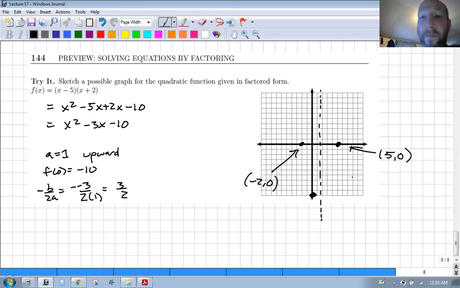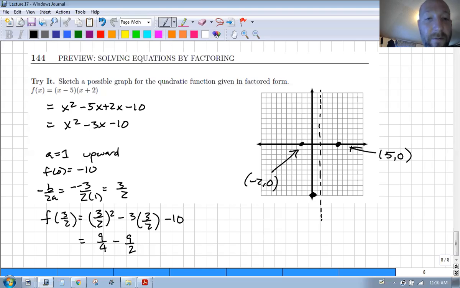All right. So if we do f of 3/2, we have 3/2 squared minus 3 times 3/2 minus 10, so 9/4 minus 9/2 minus 10, so 9/4 minus 18/4 minus 40/4. Let's use the calculator here. 9 minus 18 minus 40 divided by 4 is -12.25.